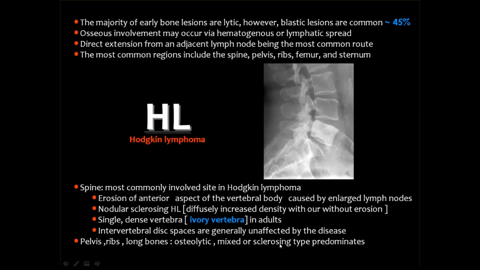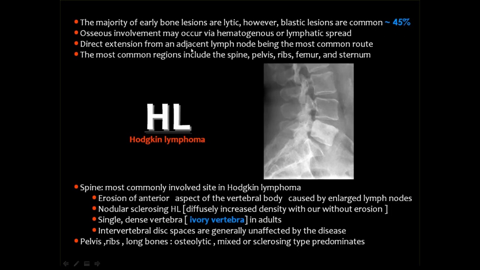And also you remember that we have many times discussed the differential diagnosis of a solitary dense vertebra, and we have said that these include metastasis, lymphoma, and Paget disease. Then you remember that one of the possibilities of sclerotic vertebra, or what's known as ivory vertebra, is the lymphoma. The majority of the lesions are osteolytic, but blastic or osteosclerotic lesions are also common.